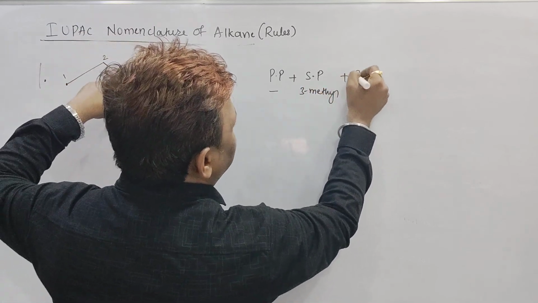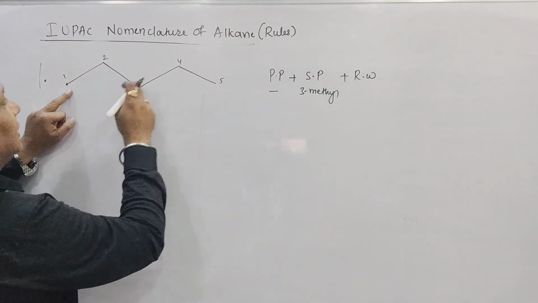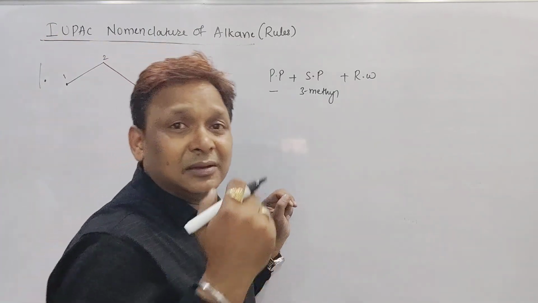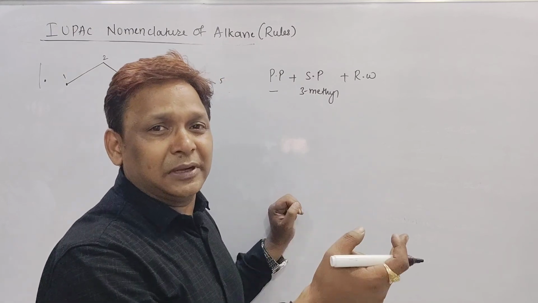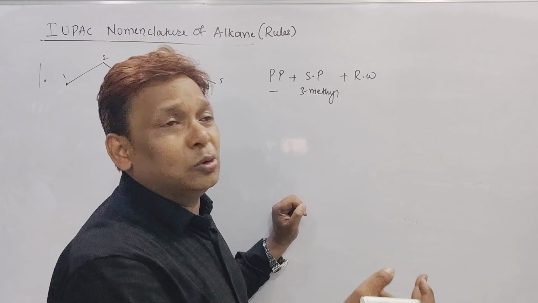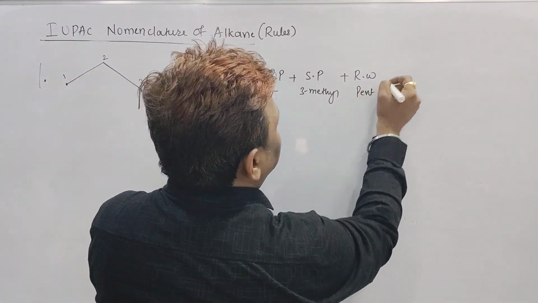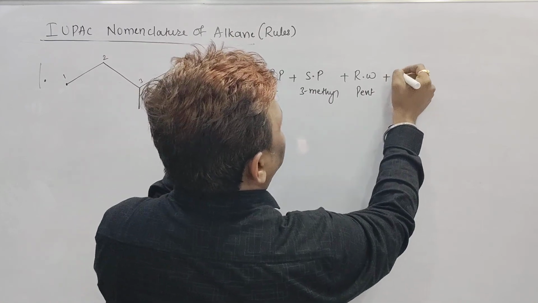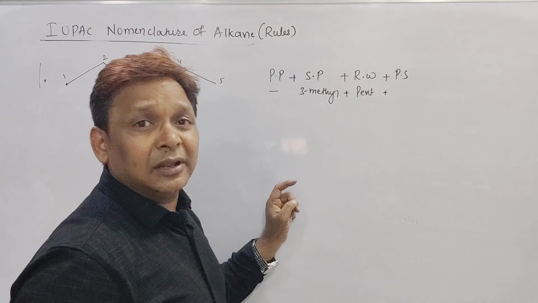Plus, what is the RW? RW is called the root word. What is the root word? 1, 2, 3, 4, 5. Sir, the number of carbon atoms in the straight chain is called the parent chain, so the number of carbon atoms in the parent chain is called the root word. How many? 5 carbons, so I should write PENT. Then, beta, primary suffix. What does it indicate? Sir, primary suffix indicates nature.